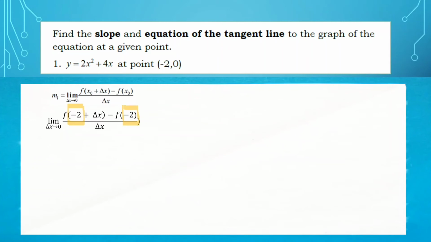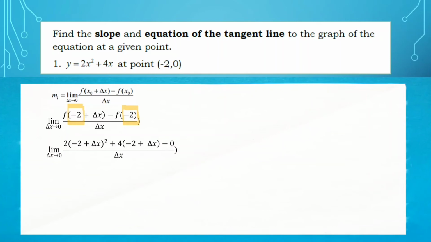Okay, so our f of x from the limit will now become negative 2 plus change of x. The next process is to change the value of our x in the given equation, 2x squared plus 4x.